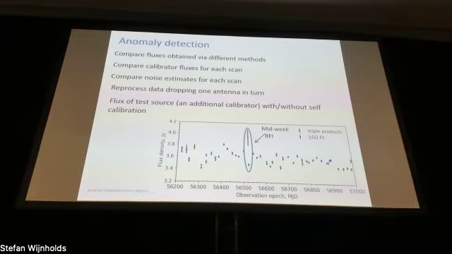So even if we have multiple ways of getting the flux, it's always nice to compare them because the result may surprise you. I want to show one interesting example where I got a difference in fluxes predicted by different methods, and the data look absolutely normal, actually.